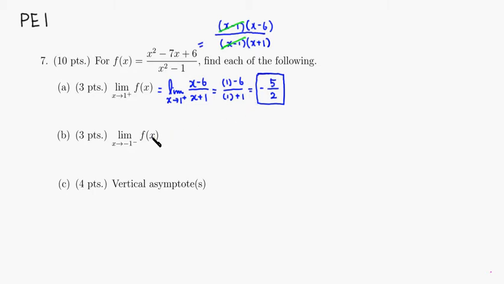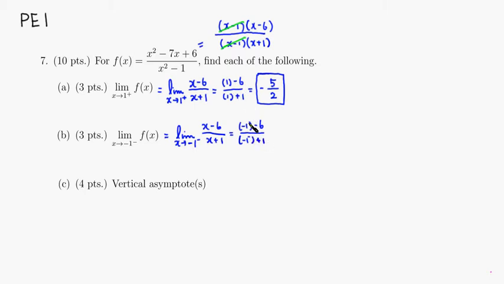How about this guy? If you take the limit as x approaches negative 1 from the left of the same function, x minus 6 over x plus 1, then plug it in: negative 1 minus 6 over negative 1 plus 1, making sure it's from the left.